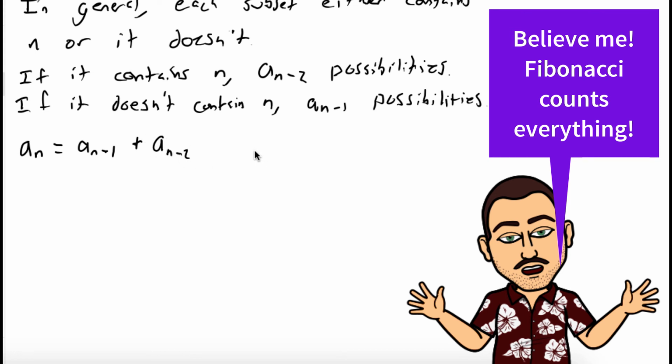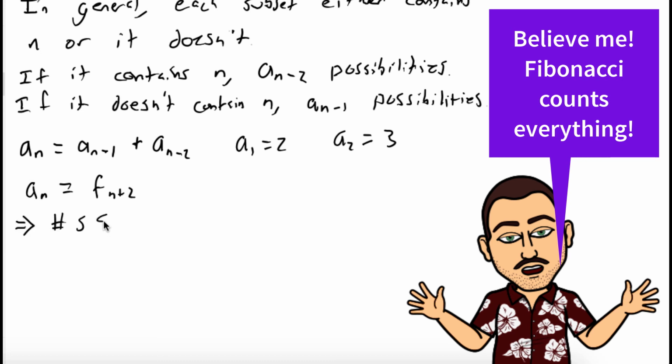This recurrence may look familiar to you, with a sub 1 equal to 2 and a sub 2 equal to 3. Well, what is this recurrence? It's exactly the Fibonacci recurrence, but shifted. So a sub n is equal to the n plus second Fibonacci number.